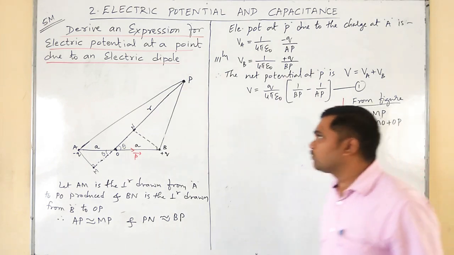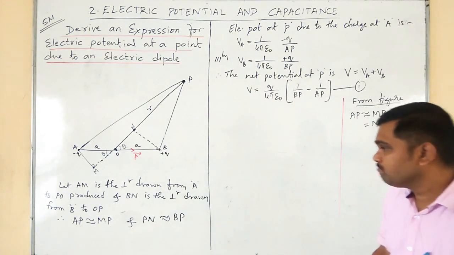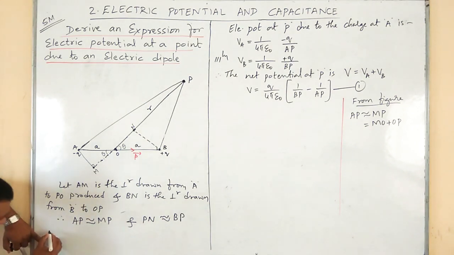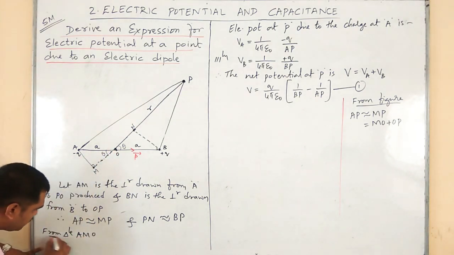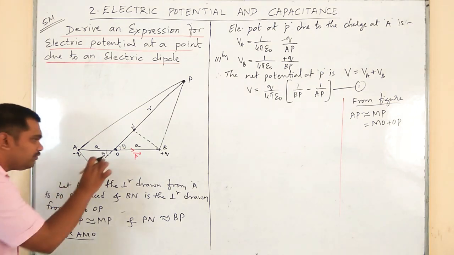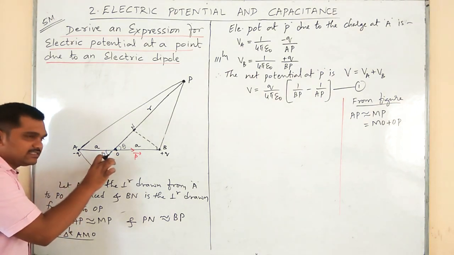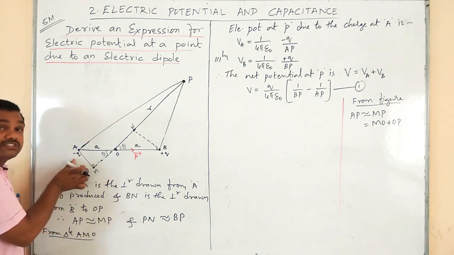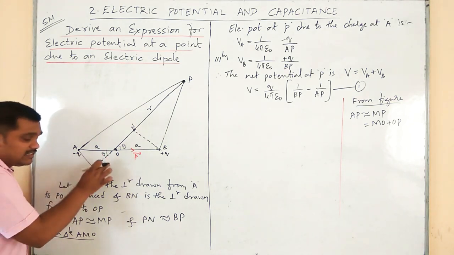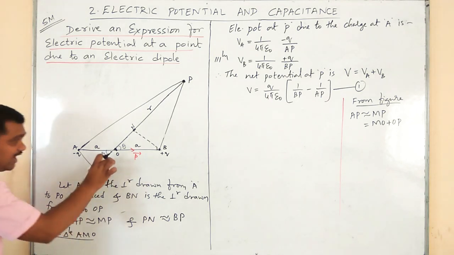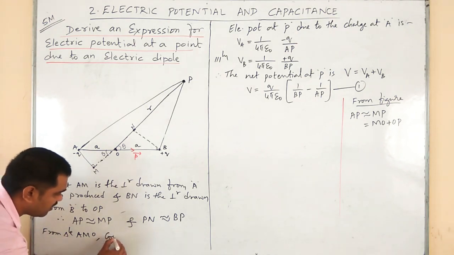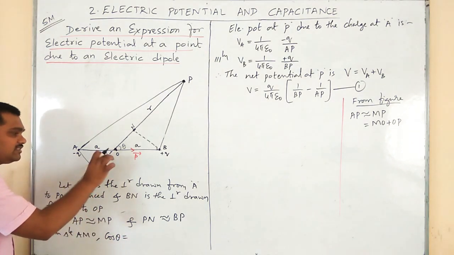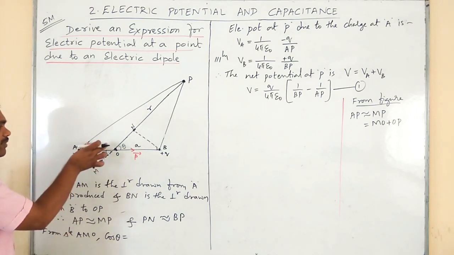We don't know. For that, what we will do, here I will write, from triangle AMO. From triangle AMO, we need this side, isn't it? This side is adjacent side. This is opposite side. It is an imaginary line. Therefore, adjacent is the real one here. Next, adjacent comes in cos theta. Therefore, from triangle AMO, cos theta is equal to adjacent by hypotenuse, MO divided by AO.